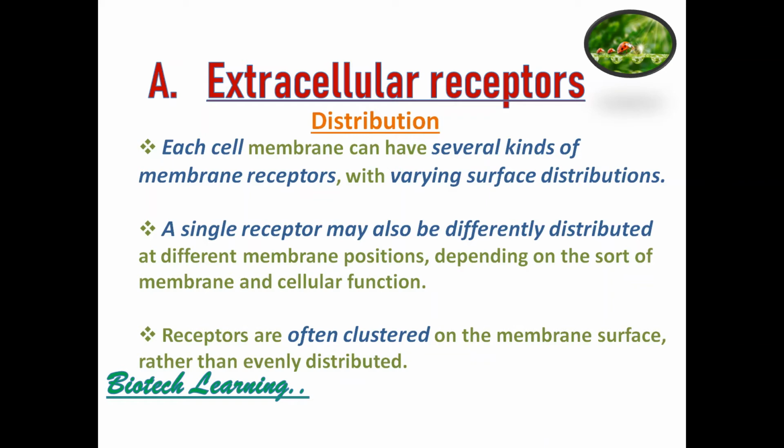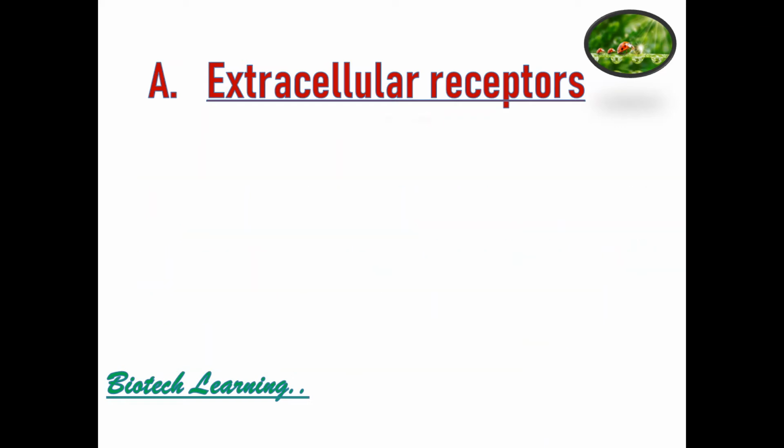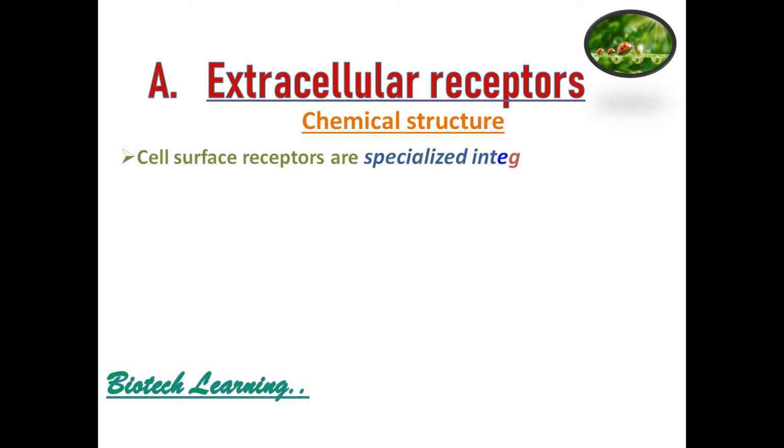Basically, receptors are often clustered on the membrane surface and not evenly or uniformly distributed. So the thing we have to keep in mind is that each and every receptor can be differently distributed, and these can often be clustered. It's not uniformly distributed.